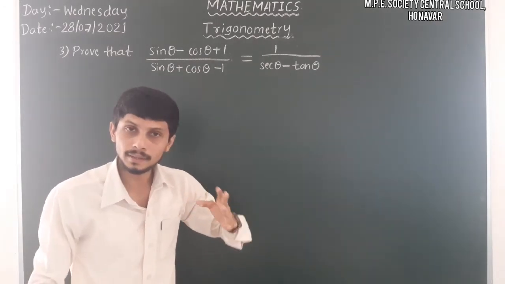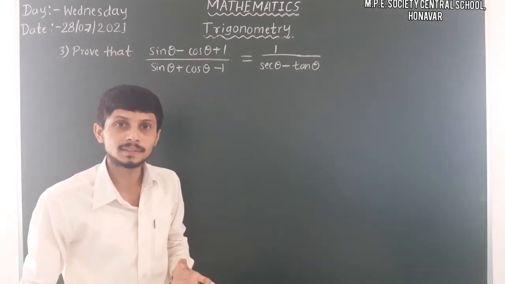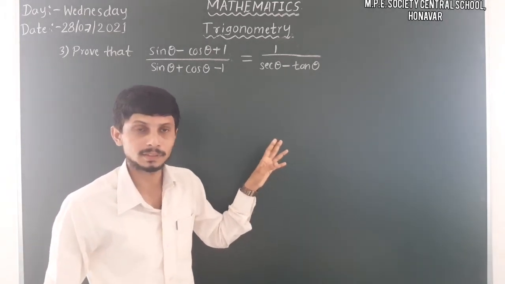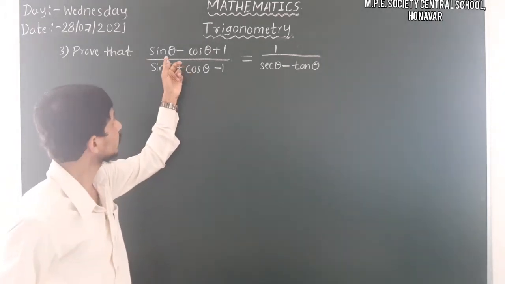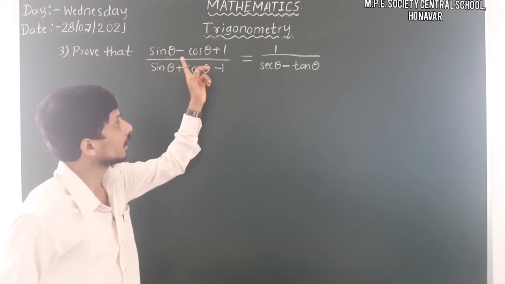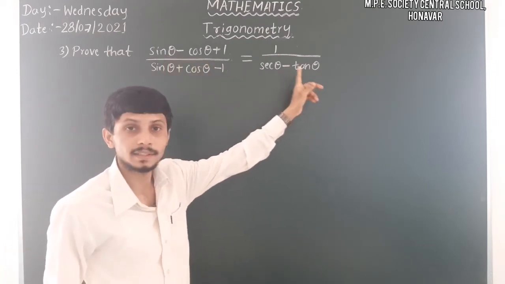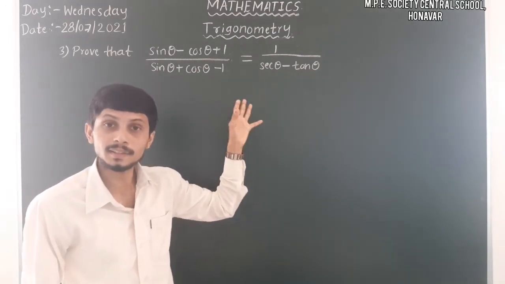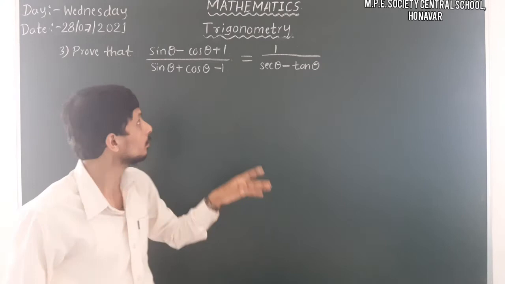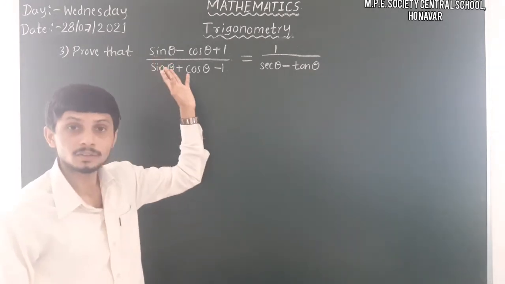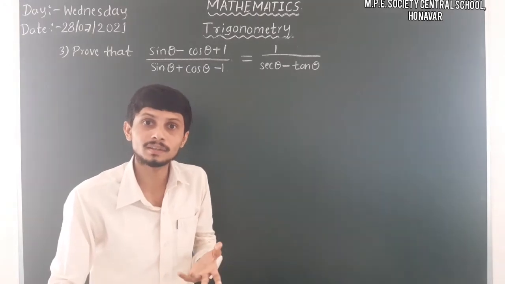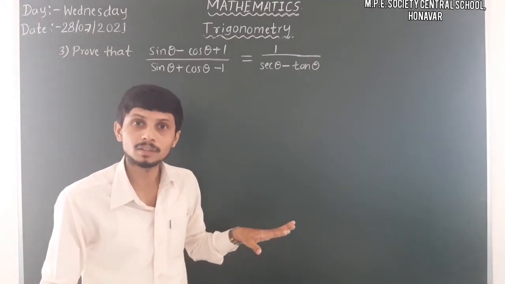As I already told, we have to compare the LHS side and RHS side first. Here just observe, we have sin theta, cos theta, and here we have secant theta and tan theta. If you want to get tan theta, here we have sin theta, so using sin theta we can convert to tan theta. How to get tan theta? By dividing with cos theta.